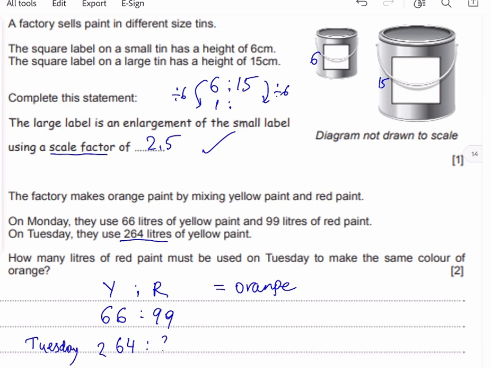So let's have a look at the increase from 66 to 264. How many times the number got bigger, so we can divide 264 by 66 on a calculator. And that gives you 4. That means the increase will be 4 times. So 99 for the red paint multiplied by 4, and that will give you the amount of red paint for Tuesday.